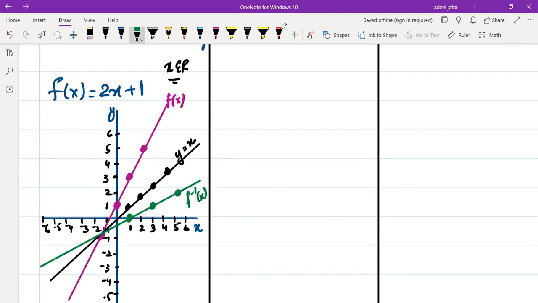For f inverse of x, the coordinates will interchange and this will be represented as your f inverse graph. So always remember, for f(x), for any x an element of all the real numbers, you can take any values like 0, 1, -1, 2, 3, and then you have got the coordinates. You can always interchange the coordinates to have your answer.